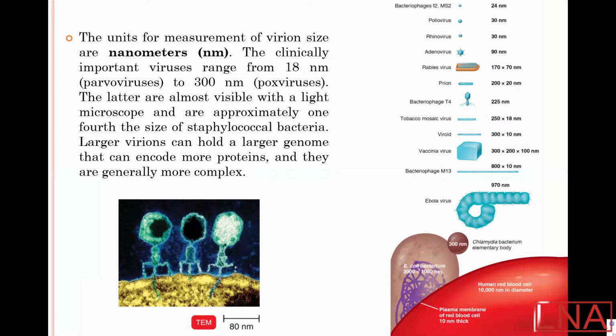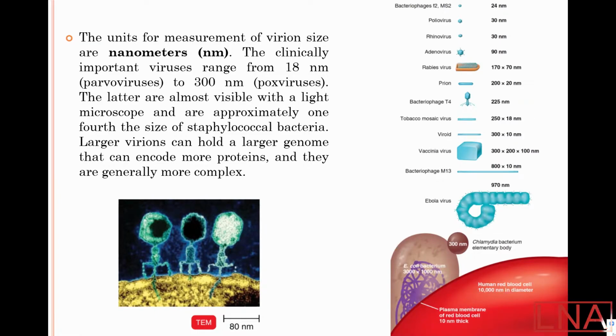300 nanometers, for example, is a chlamydia bacterium elementary body, which you already know. Look here, chlamydia and pox viruses look similar by size, but it doesn't mean they are very similar by structure or nucleic acids. But of course, the bigger the virus, the more components it can include, so a large genome, some enzymes inside.